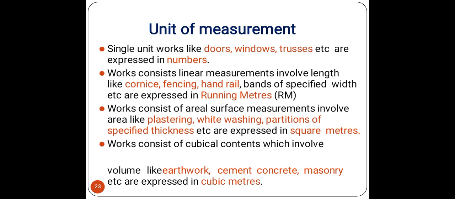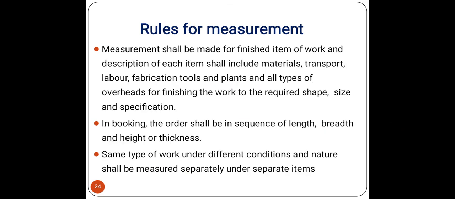Works consisting of areal surface measurements involving area, like plastering, whitewashing, partitions of specified thickness, etc. are expressed in square meters. And the works which consist of cubical contents are earthwork, excavation, cement concrete, masonry works, etc. And these are expressed in cubic meters.